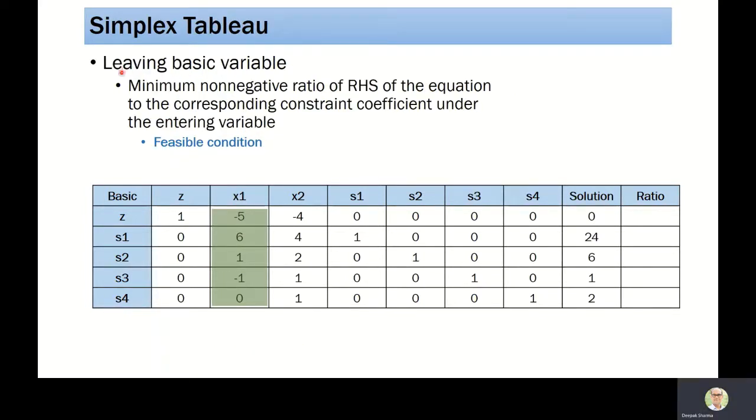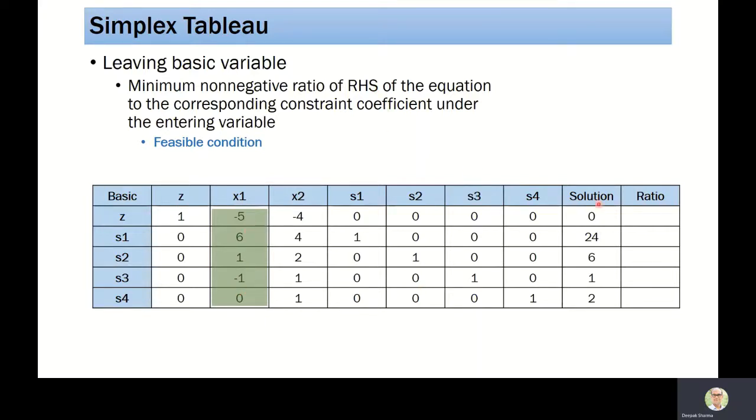The second step is to find the leaving variable. Why? Because if x1 is coming in, then one of them should leave, and only then will x1 get a place. How can we find it? We find the minimum non-negative ratio of the right hand side of the equation to the corresponding constraint coefficient under the entering variable. We know x1 is the entering variable, and its corresponding coefficients are given here.